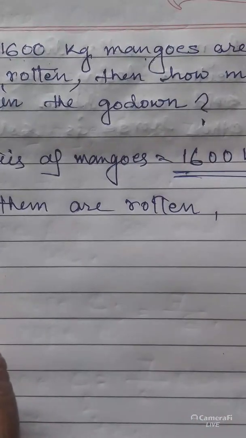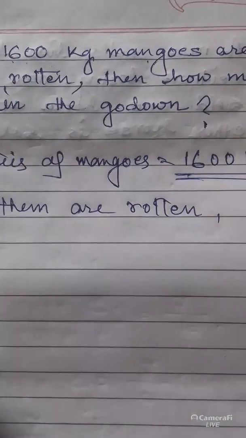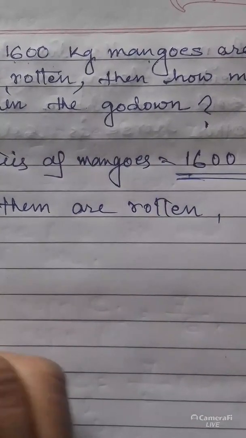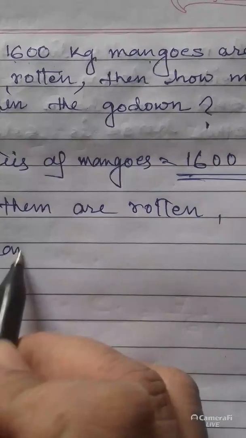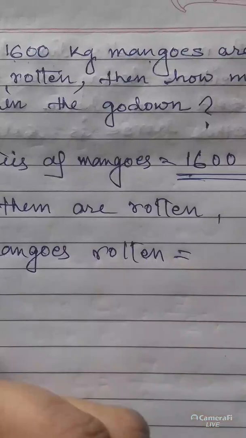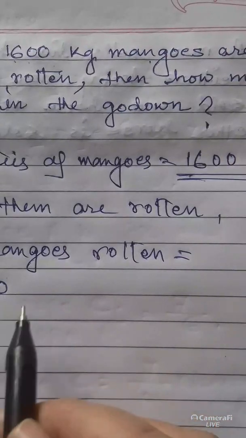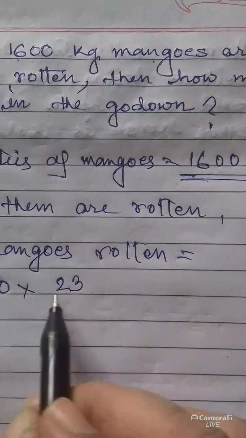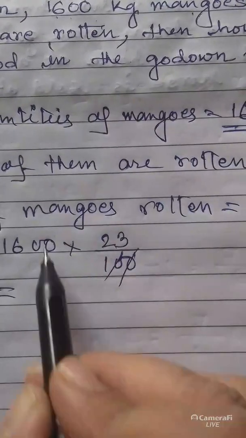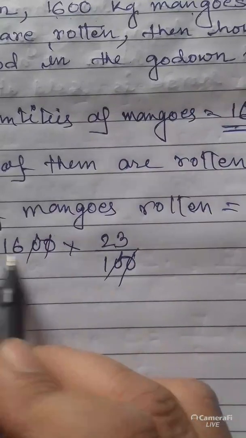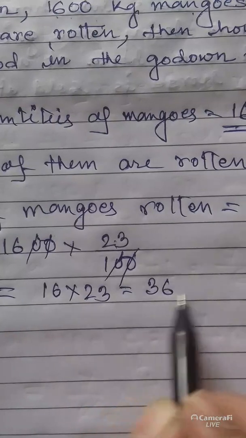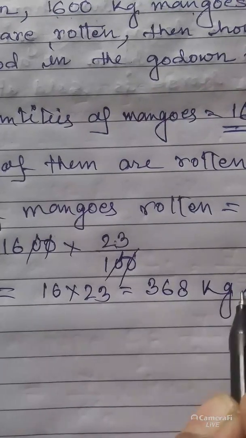So we can write the quantity of mangoes rotten equals 1600 into 23 by 100. 0 0 cancel. 16 into 23 means 368 kilogram are rotten.